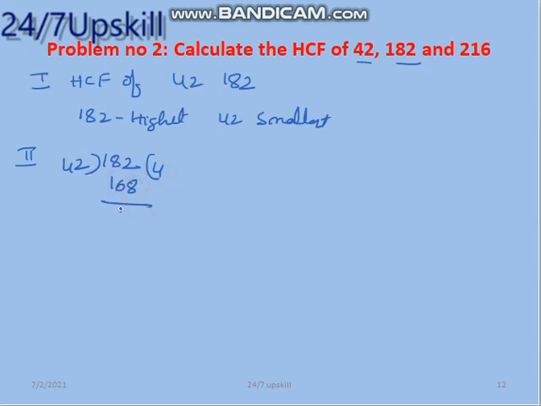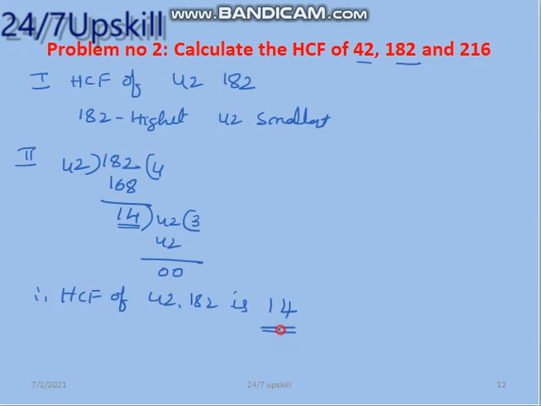So the remainder will be 14, and again from the remainder we should divide the divisor. So the divisor is 42. 14 3s are 42. We can say the remainder we got is 0 and the last non-zero remainder is 14. So, therefore, the HCF of 42 and 182 is 14.